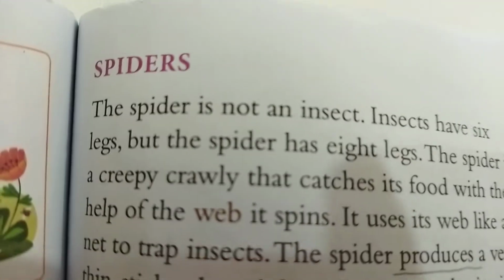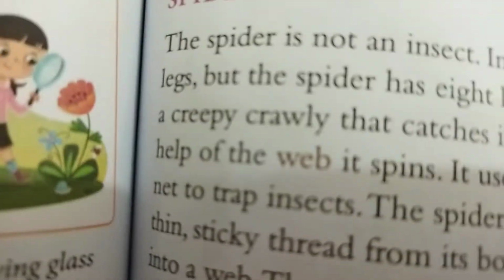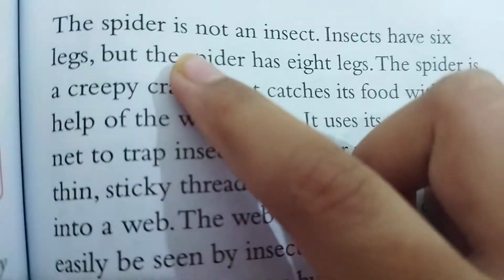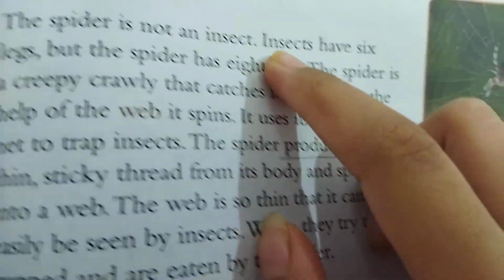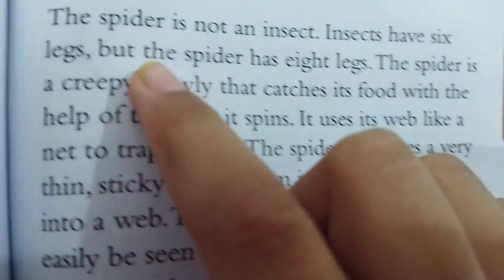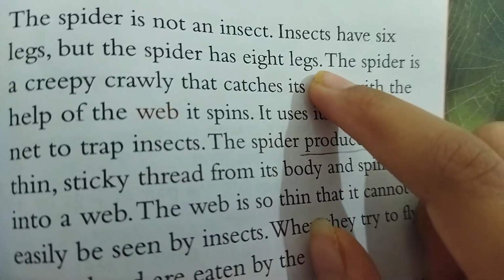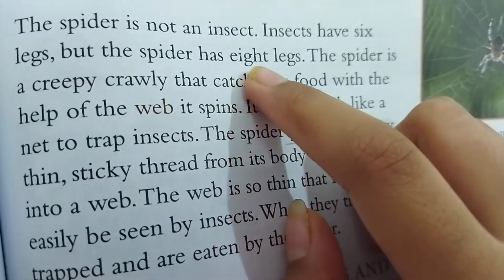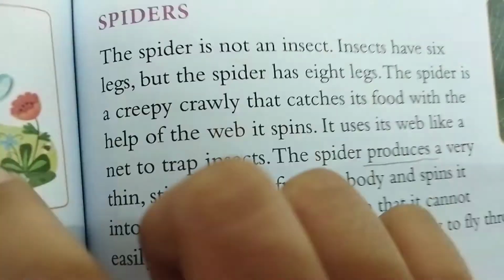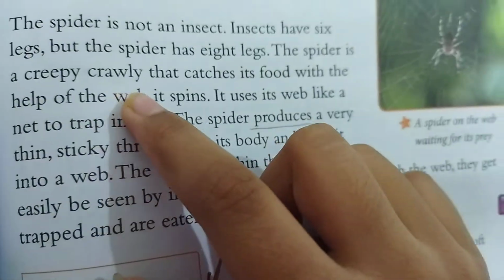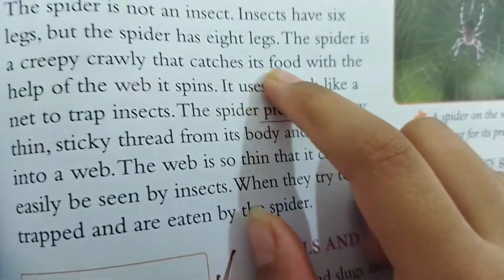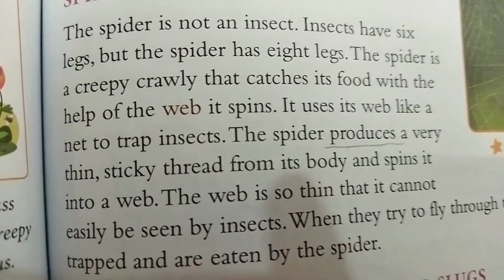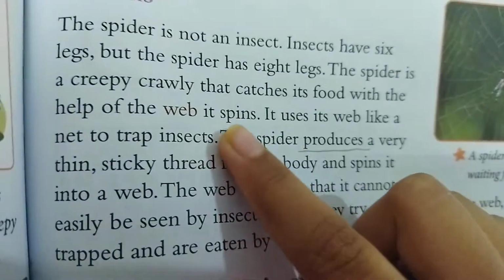Let's see about spiders. A spider is not an insect. Insects have 6 legs, but how many legs does a spider have? 8 legs. Very good. The spider is a creepy crawly that catches its food with the help of the web it spins.